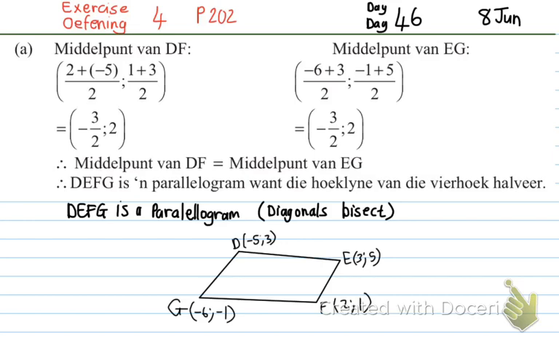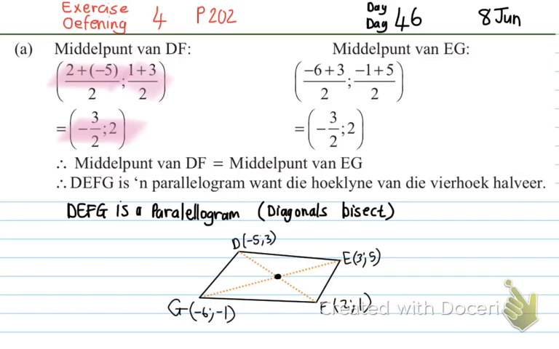Okay, so how do we prove that something is a parallelogram again? I just prove that the diagonals have the same midpoint. So I'm going to work out the midpoint of each of the diagonals. First, diagonal DF. The midpoint of diagonal DF is 2 plus -5 divided by 2, and 1 plus 3 divided by 2, which gives me -3 over 2 and 2.